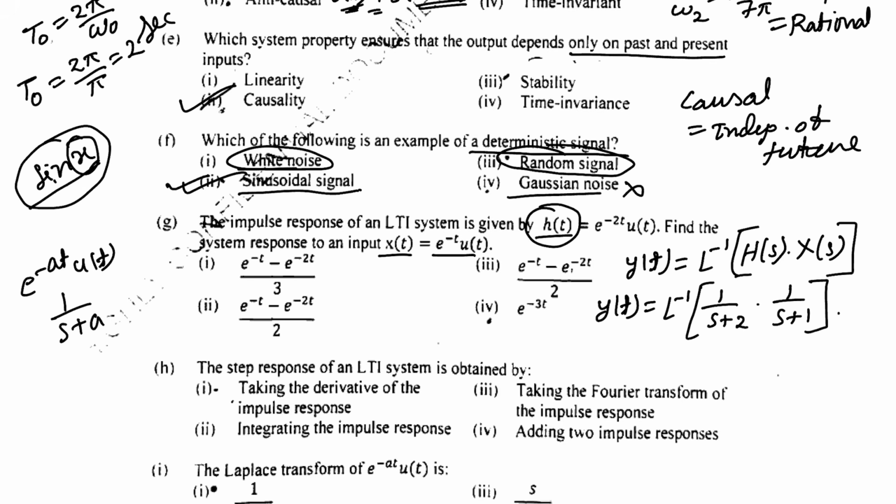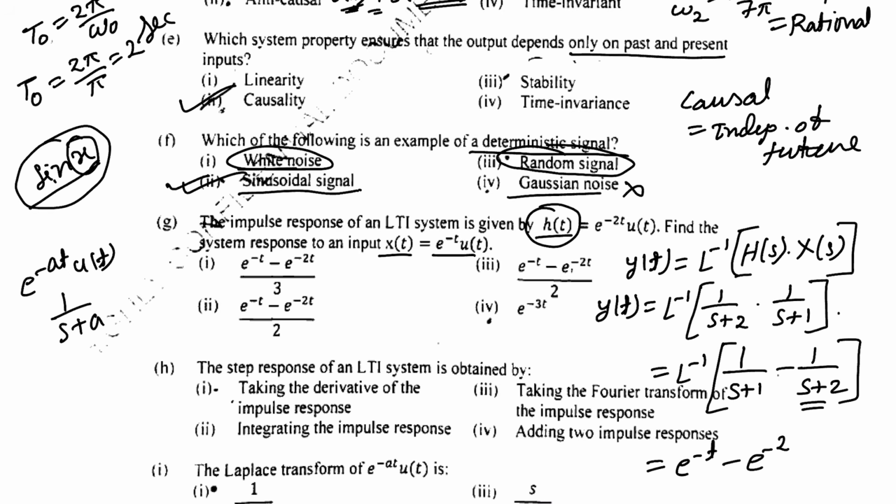This Laplace inverse can also be written as the Laplace inverse of 1 by s plus 1 minus 1 by s plus 2. The Laplace inverse of 1 by s plus 1 will be e to the power minus t, minus the inverse of 1 by s plus 2, meaning e to the power minus 2t, into u of t.